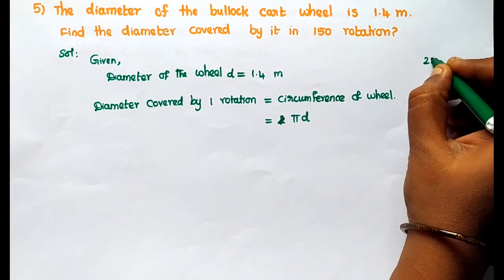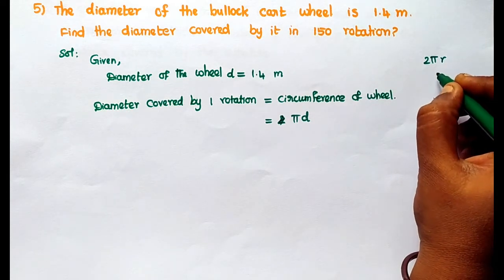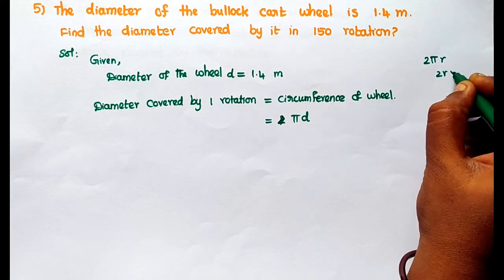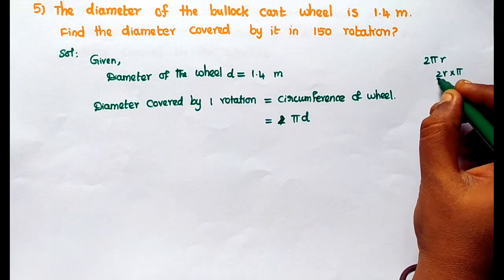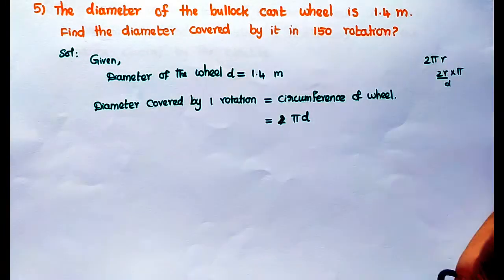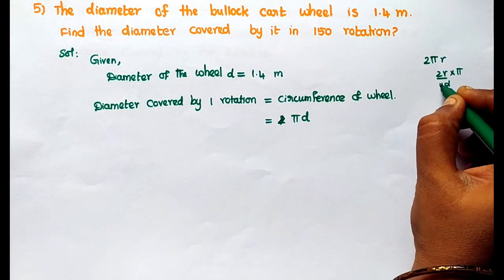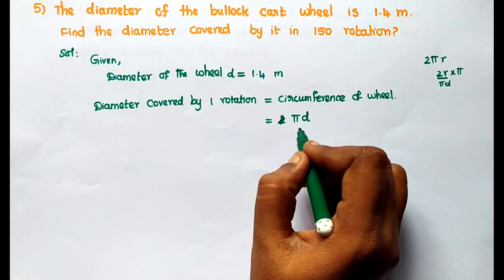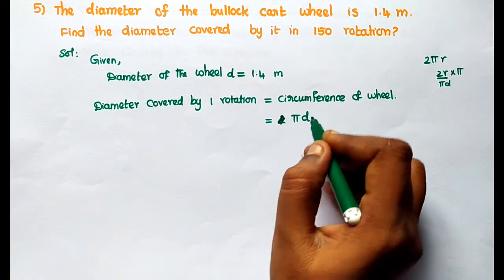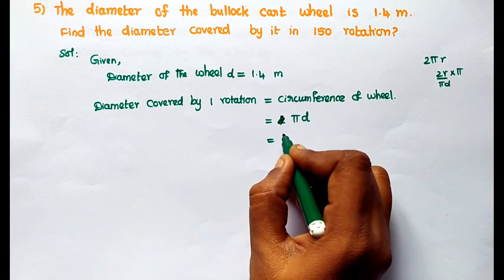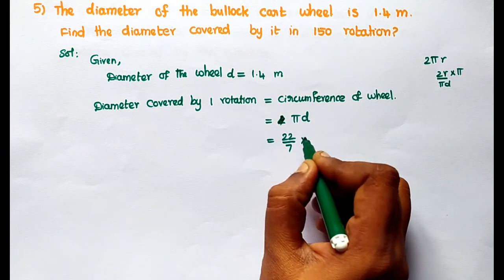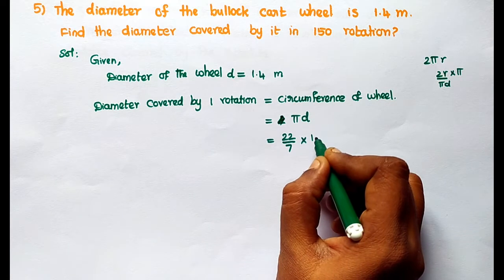Listen, 2 pi r. So that is 2r into pi, right? 2r means d. So pi into d. That is the formula. So pi d. Pi is 22 by 7 into 1.4.